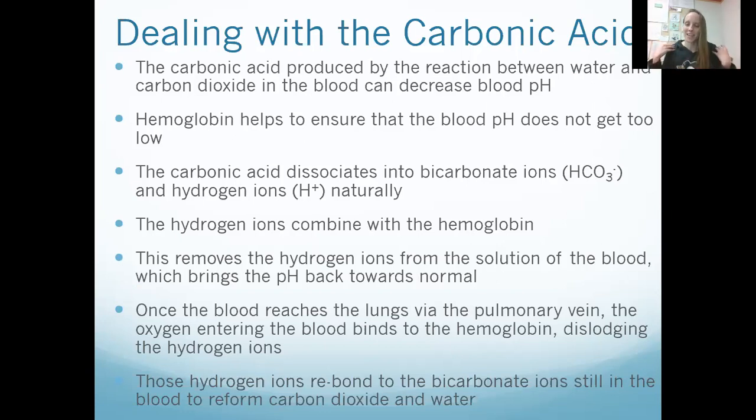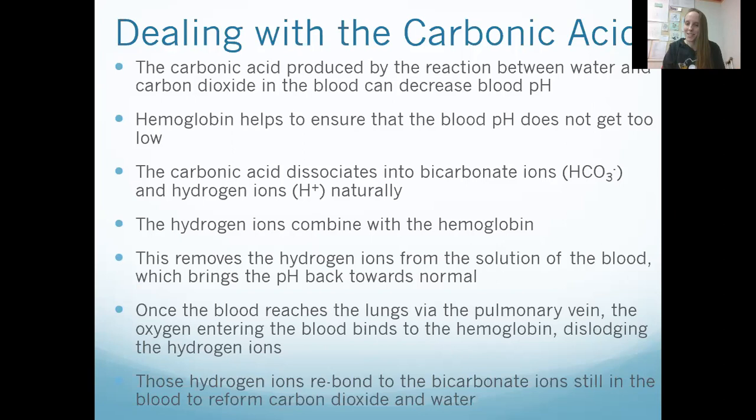And so the hydrogen ion is going to re-bond with the bicarbonate ion that is still floating around in solution. Then that is going to form carbonic acid, which will then reform back into carbon dioxide and water. So it essentially just goes through the reverse process that it started off with when it first entered the blood.